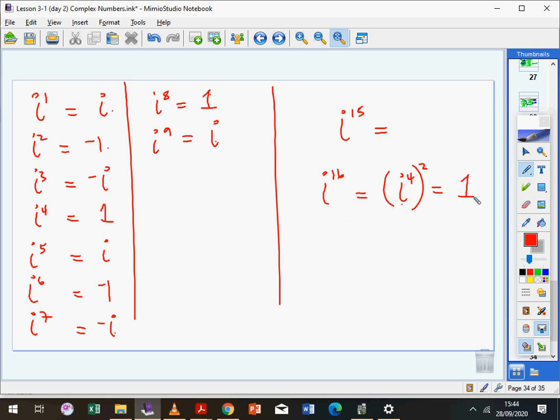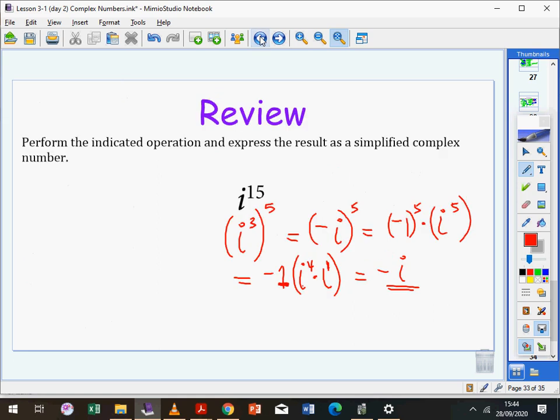So if what I'm getting is 1, then the number before it, so this is where I'm at. If what I'm getting is 1, the number before it was negative i. So i to the power 15, since i to the 16 is 1, the number before it is supposed to be negative i, which is the same answer that we got here.